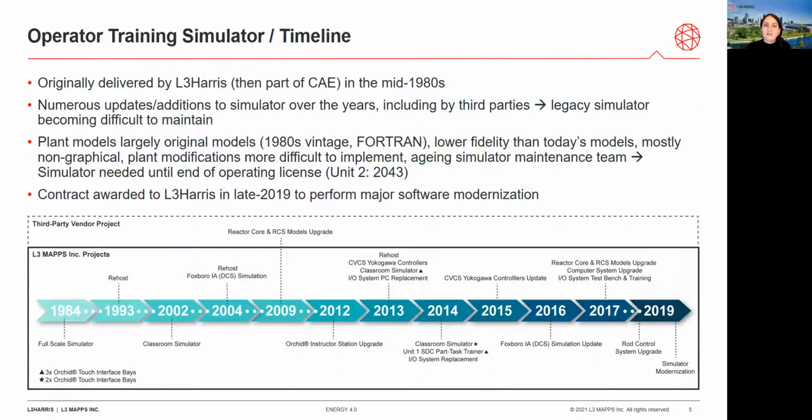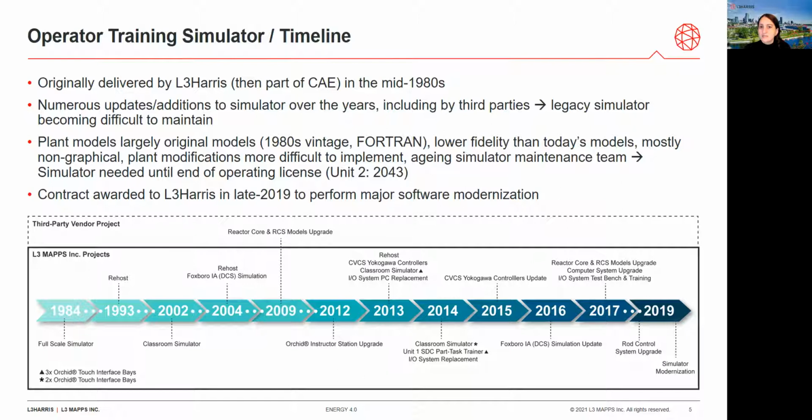Now let's have a look at the operator training simulator and its timeline. The training simulator was originally delivered by L3HARRIS, which was then part of CAE in the mid-1980s. So as you can see in the figure below, there have been many updates implemented on the simulator throughout the years.